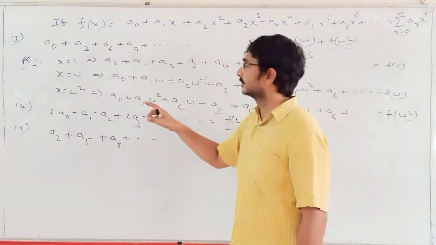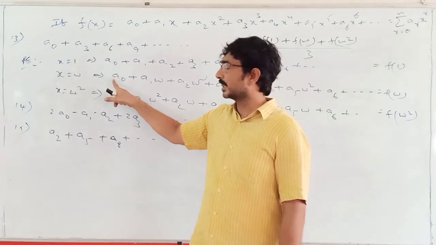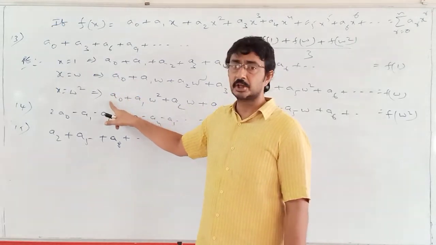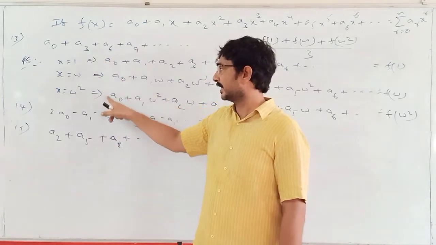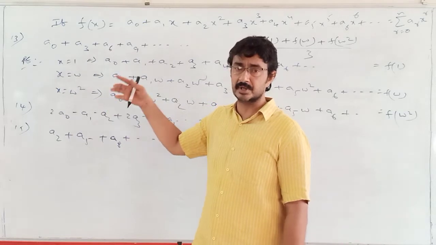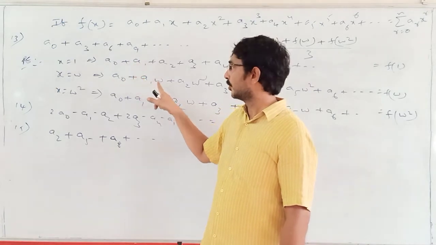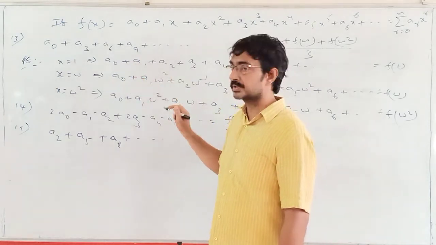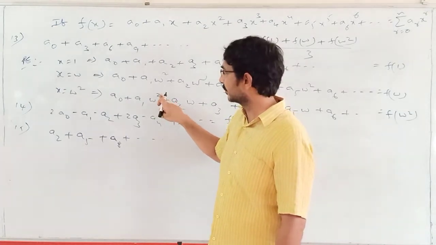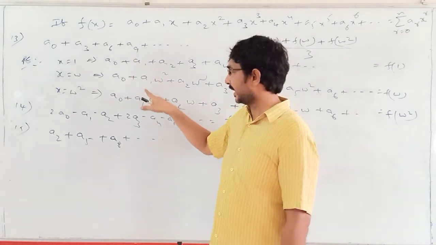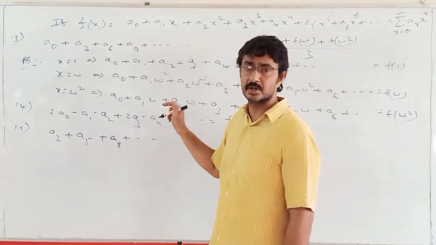See what will happen. Then by taking a0, we get 1 plus omega plus omega square, value 0. Next, first one plus omega into second one and omega square into third one, omega square and omega power 4, and omega power 4 is omega. By adding these three and taking a1 common, 1 plus omega square plus omega is also 0.